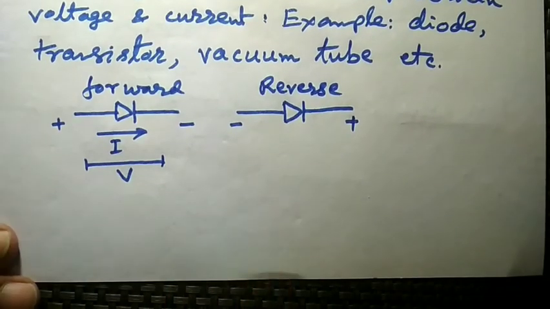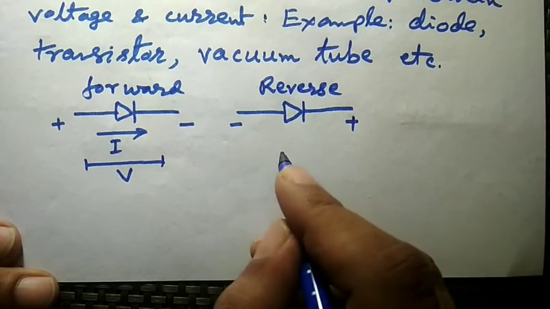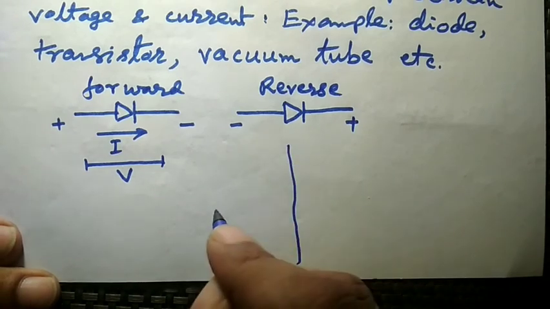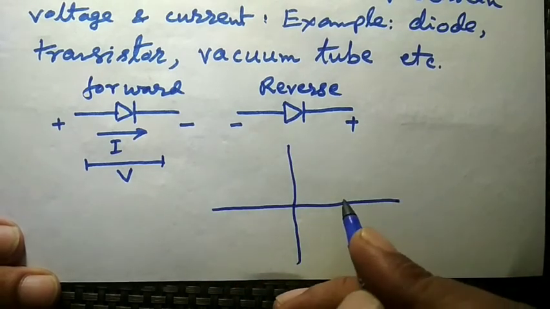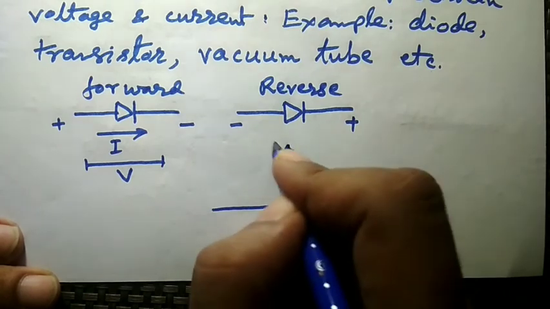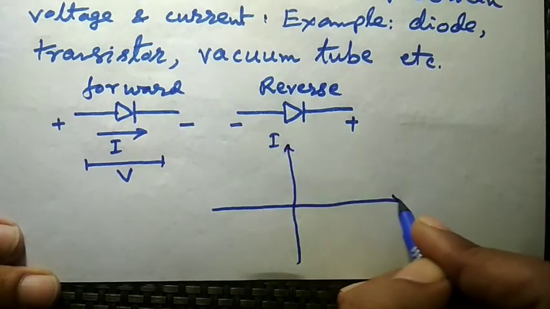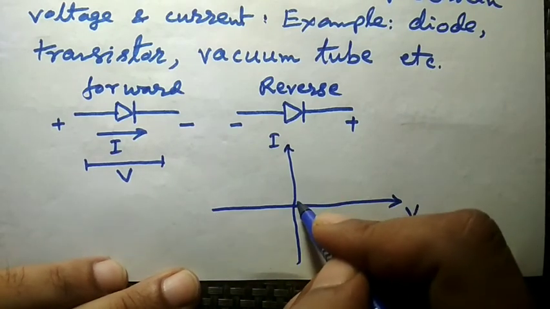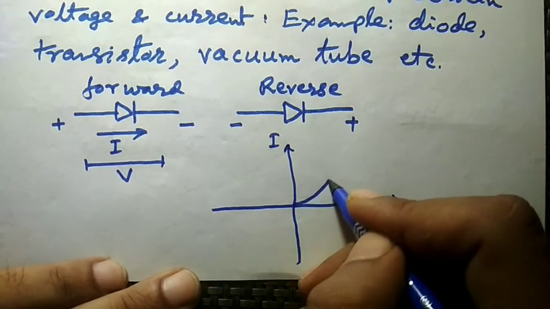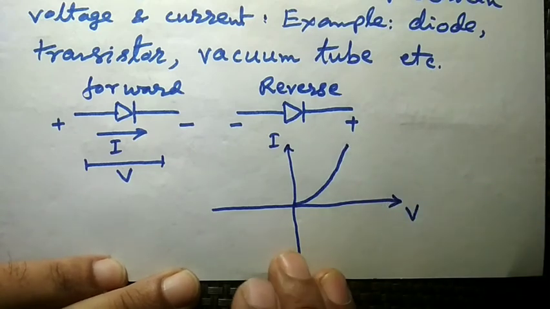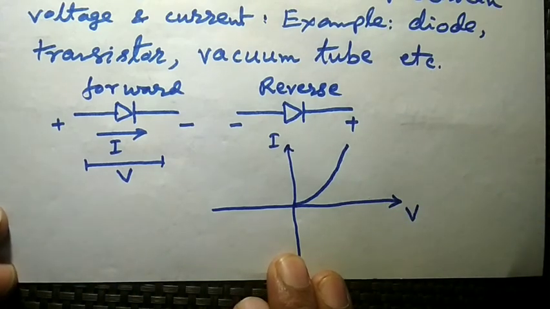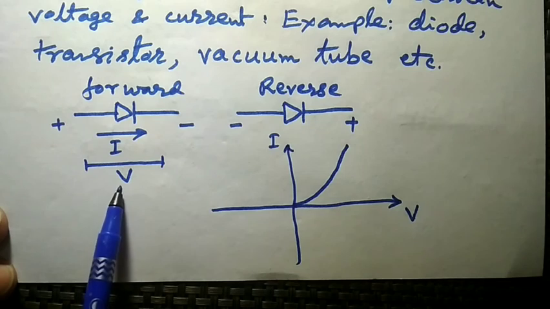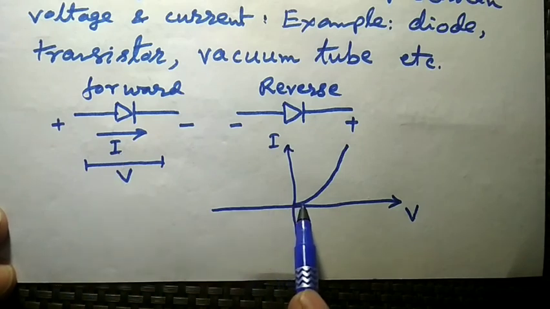So if we want to draw the characteristics of a diode between voltage and current, then we can see that in case of forward biased, the current will increase exponentially with the increase in voltage. That means if we increase the voltage across the diode gradually, the current will be increased exponentially.